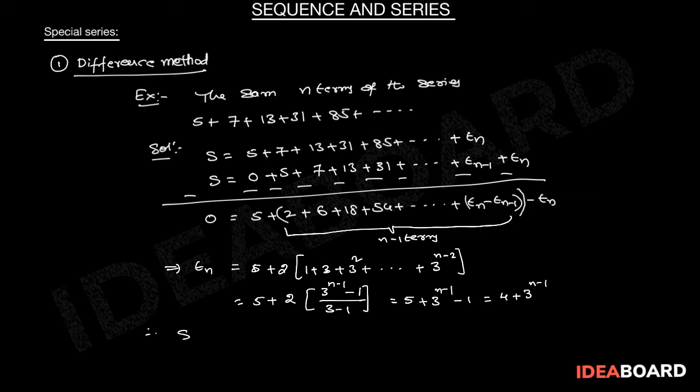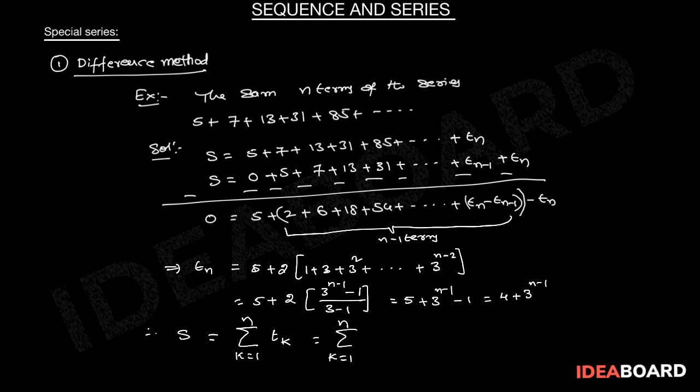Therefore, S, that is the sum of the n terms of the given series, equal to sigma Tk, k equal to 1 to n, that equal to sigma k equal to 1 to n.